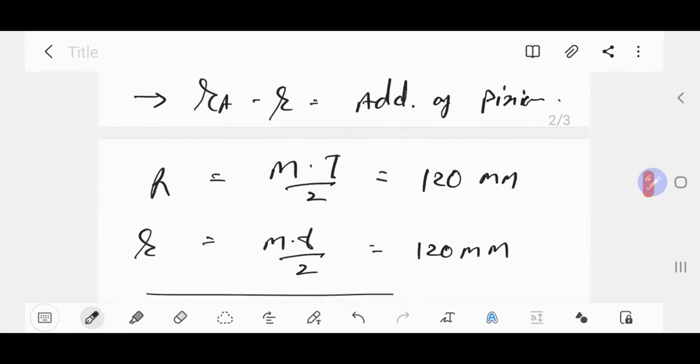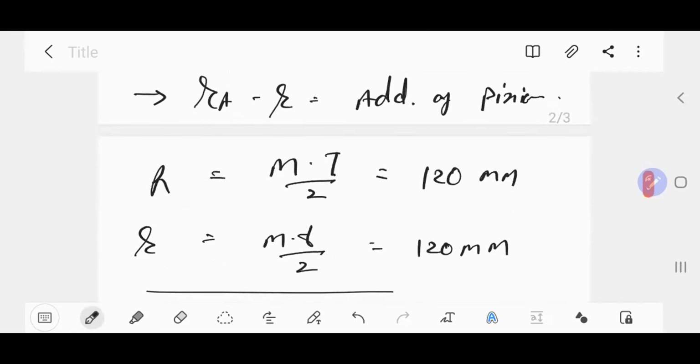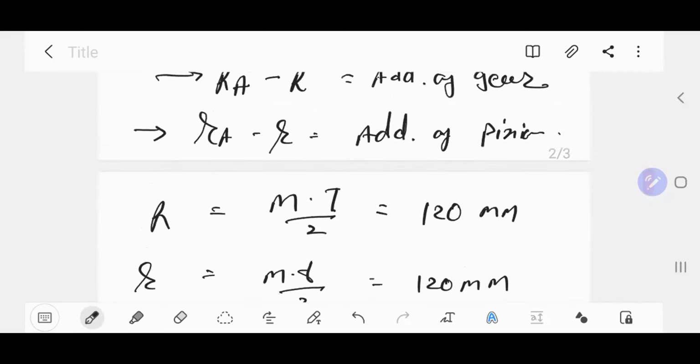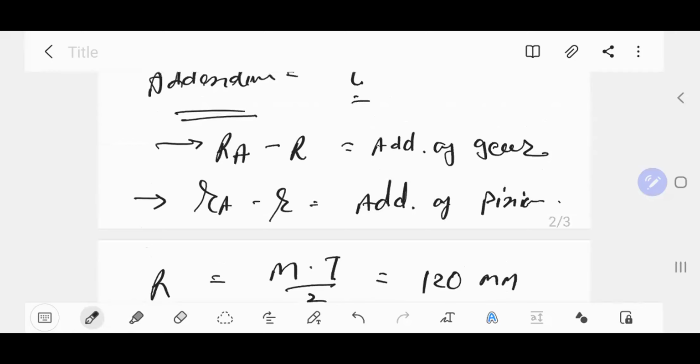Now we have to find capital RA and small RA, that is the radius of addendum.